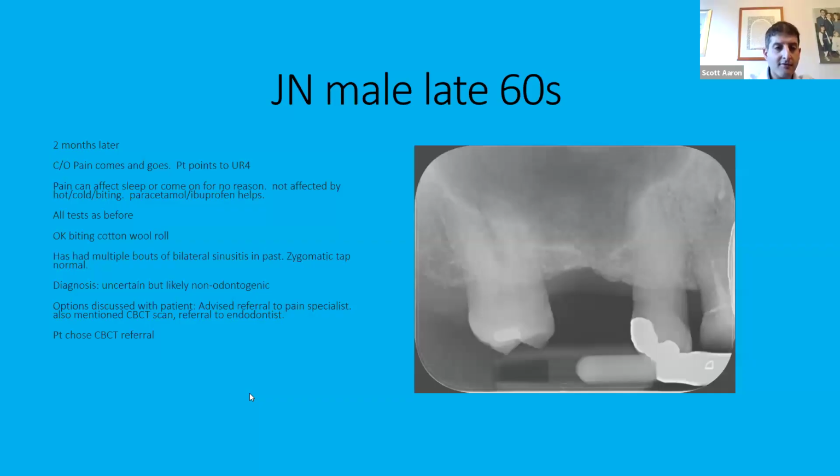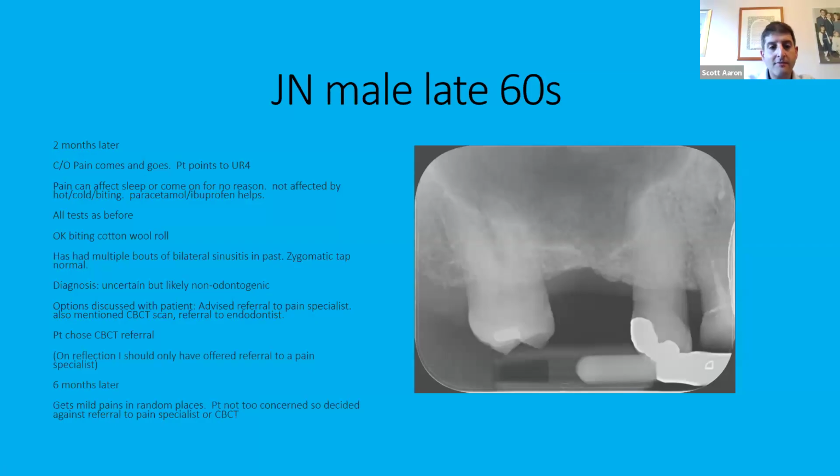So coming back into the lecture. Right, so he's chosen a CT referral, which I didn't really want him to do, and with hindsight, I shouldn't have offered it to him. 6 months later, he's now getting mild pain in random places.